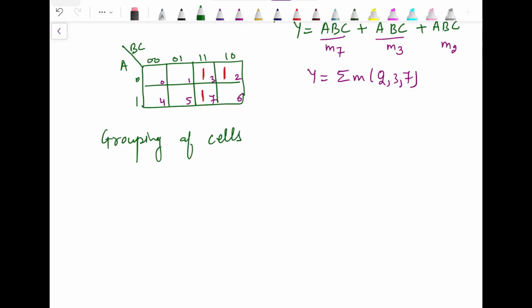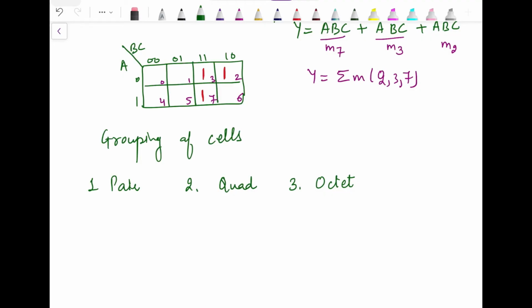Now this grouping can be the grouping of two ones, which will lead to a pair, or a quad if we have four ones altogether, and if we have eight ones altogether, then it will lead to an octet. Now all these ones should be adjacent ones.